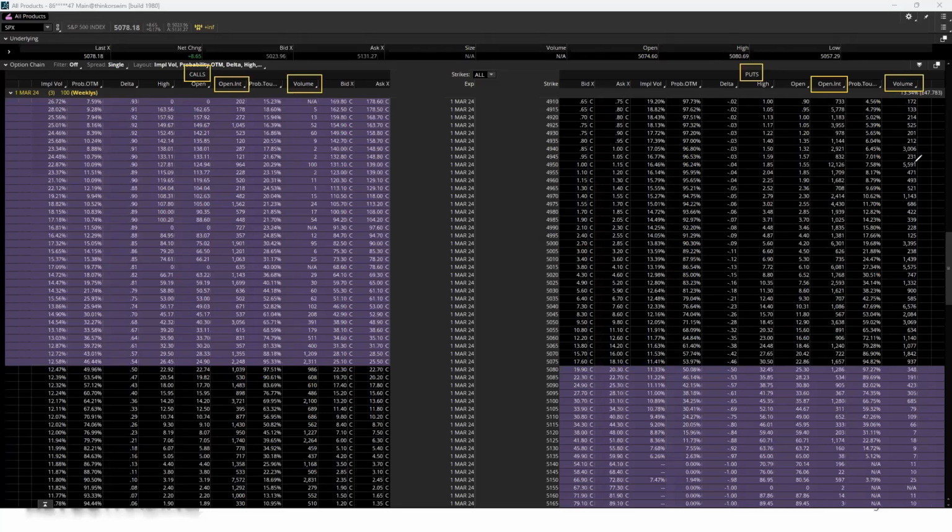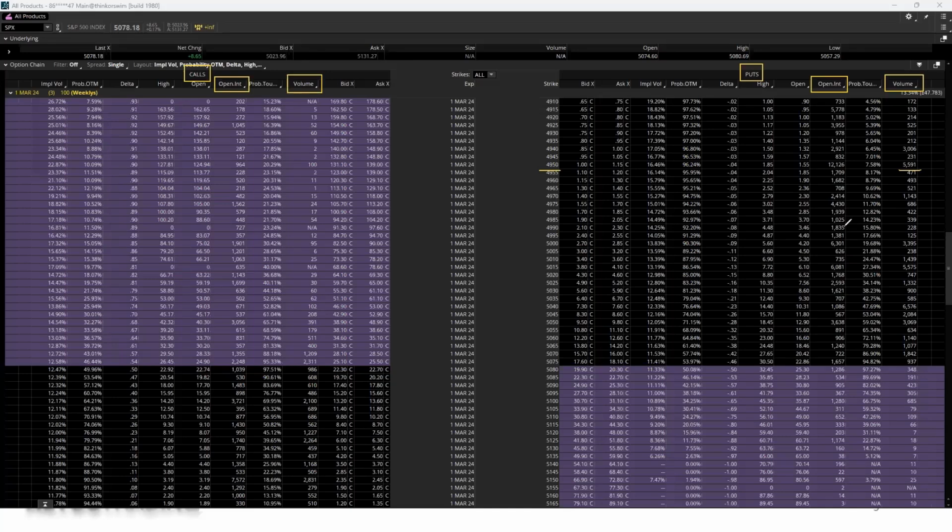And it's basically telling us, okay, at the 49.50 strike, there were 5,591 put contracts traded. So it's pretty simple. It's the number of contracts in a trading day.